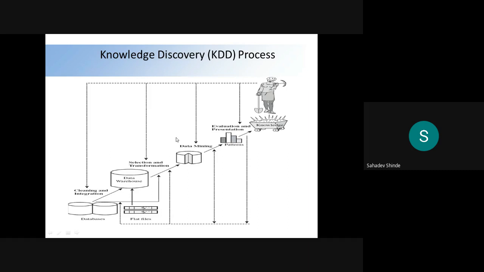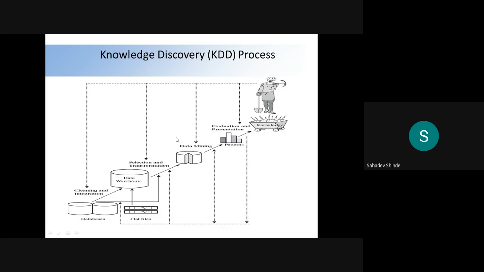So here you can see the knowledge discovery process, how exactly it is going to work. First of all, we are going to collect the databases from the different sources, and after that we are going to store them in the data warehouse. The data warehouse is nothing but some data files.